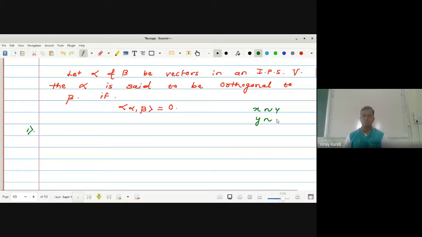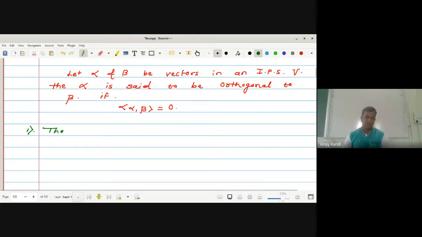So if alpha is perpendicular to beta, then beta is perpendicular to alpha. That is, if the inner product of alpha and beta is equal to 0, then the inner product of beta and alpha must be 0.